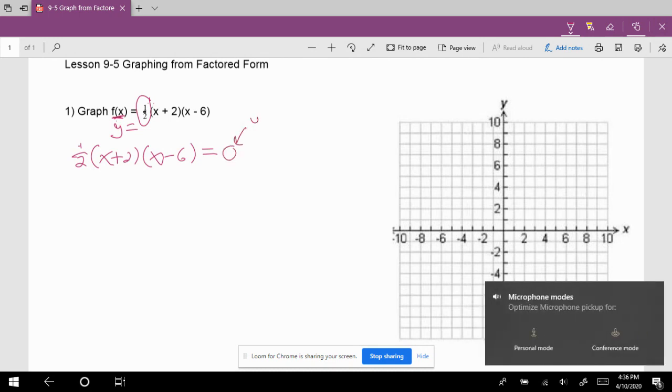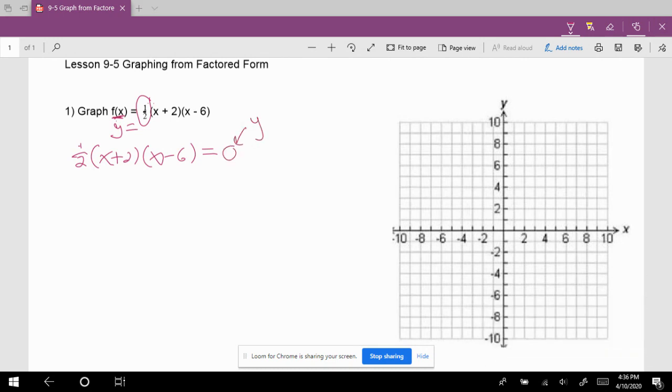Again, for this, 0 is your y. That's why these solutions are our x-intercepts, because they're coordinate points that have a y value of 0. To solve this, you're using the zero product property. The 1/2 is just a greatest common factor. There's no x with it, so it's not going to give you a solution.